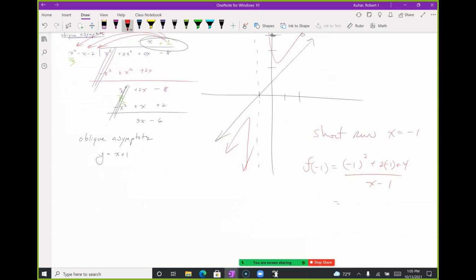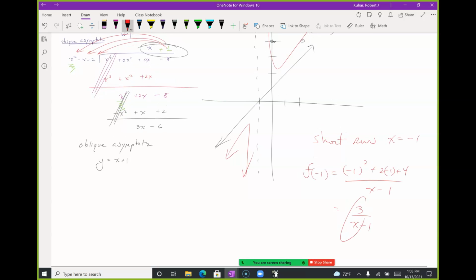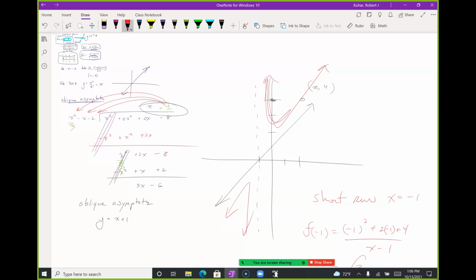I get 5 times 3 over x minus 1. So yeah, it's looking like positive 1 over x. So you can see the 1 over x. Here's the up, here's the down. Right? 1 over x looks like up and down. And then the slant, right? I can't cross that slant in the long run.